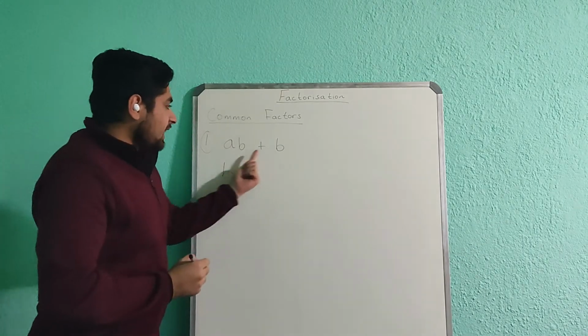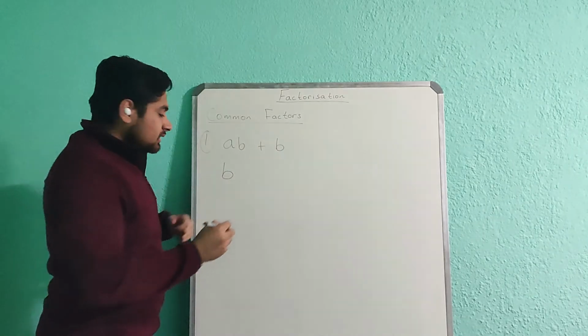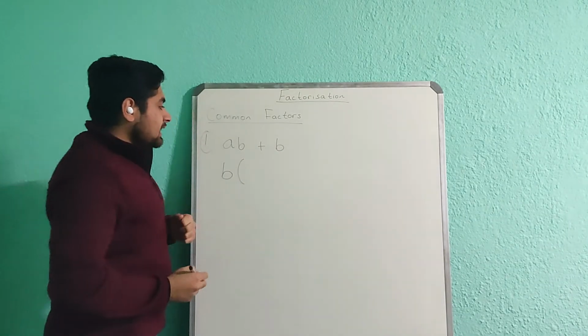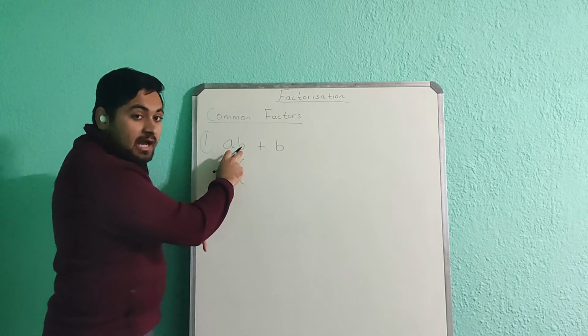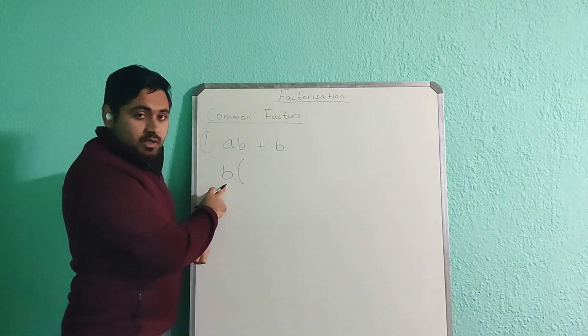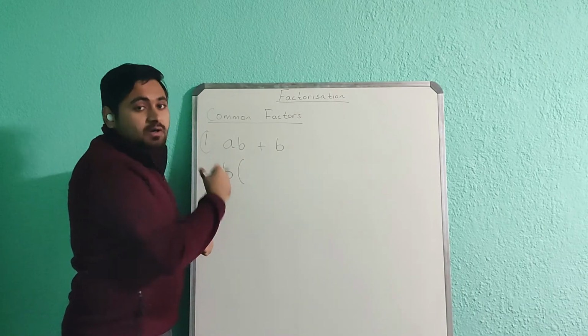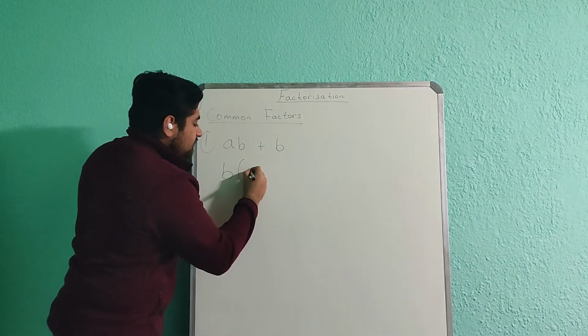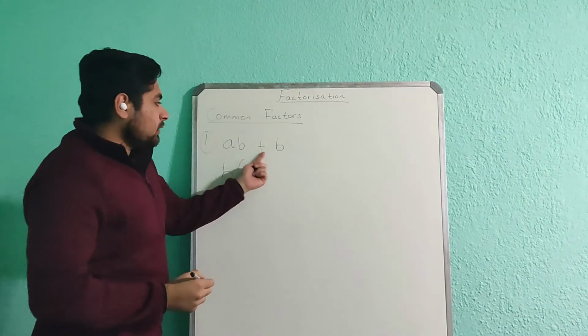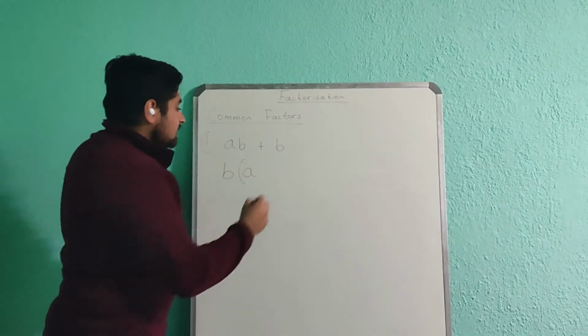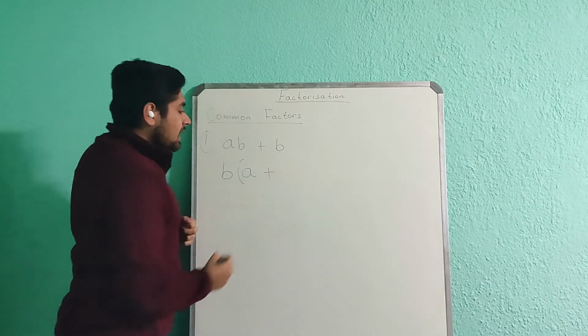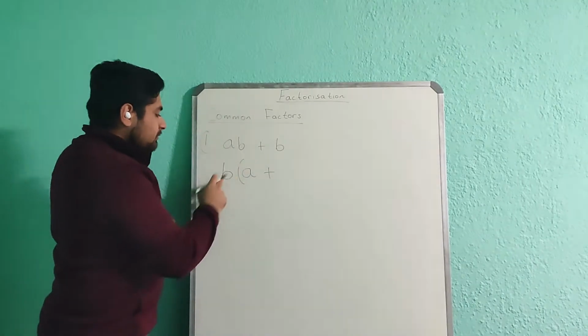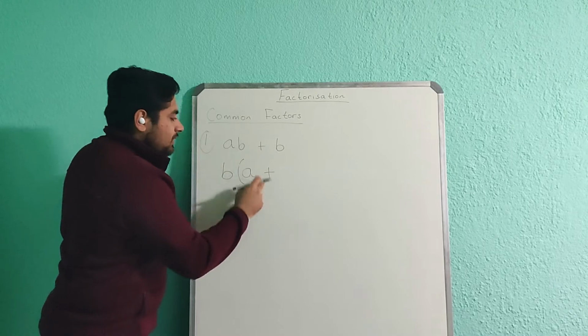And once you have identified your common factor, you open a bracket and then you see, if you have taken out B from the first one, what do you remain with? You only remain with A. Therefore you write A, and then what is the sign following after this? That's plus. So now you can see B was pulled out, we remained with A plus.